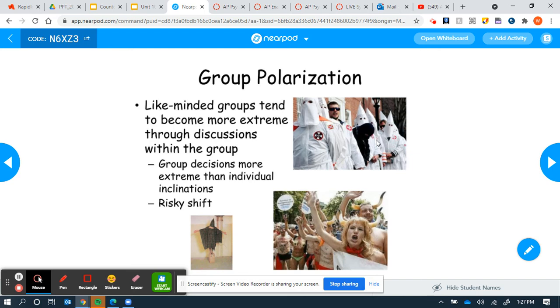When like-minded individuals get together in a group and discuss something, the group becomes more extreme. And group decisions tend to be more extreme than individual decisions. And when this is bad, it's called a risky shift.